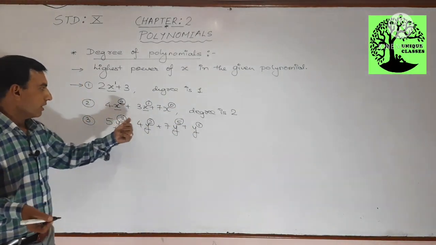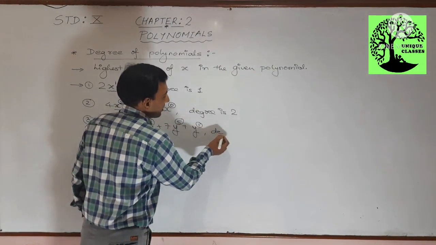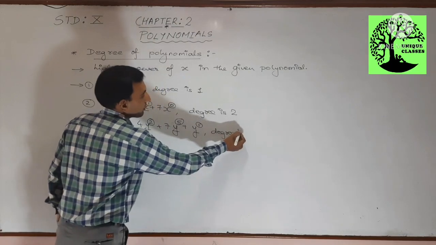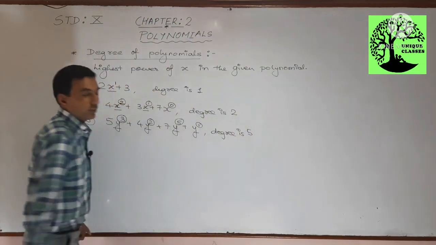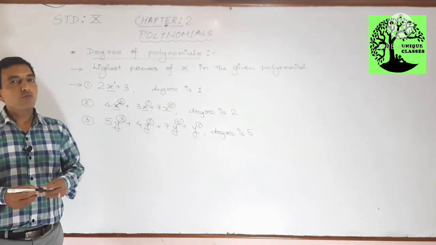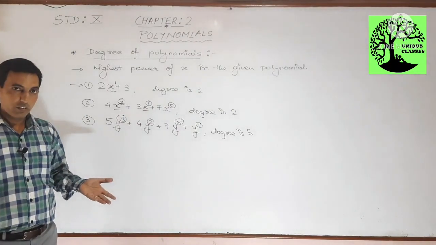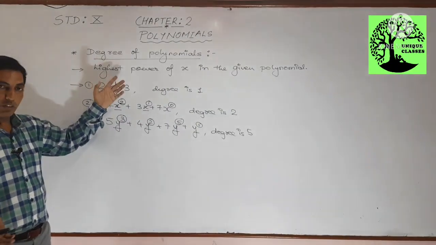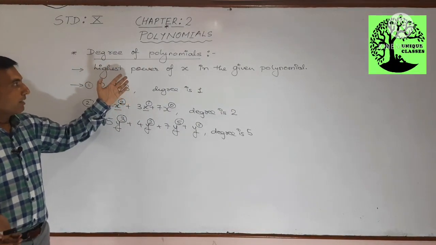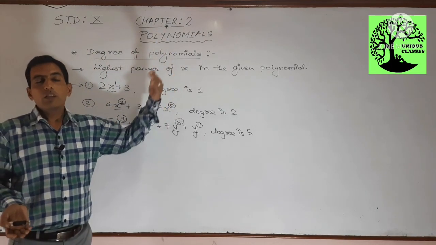So, you can see the highest power is 5. So, we can say the degree of this polynomial is 5, student. Okay. So, I think you all understood how to find degree of a polynomial in one variable. What you have to find out? First you have to find out variable, and then highest power of the variable is nothing but the degree.